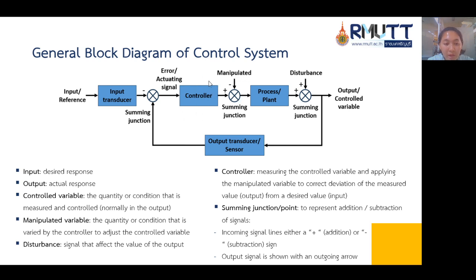And then there is a summing junction here because sometimes there is a manipulated variable in here. And then it is given to the process or plant, then flows to the summing junction again if there is a disturbance, and then produces an output or control variable.